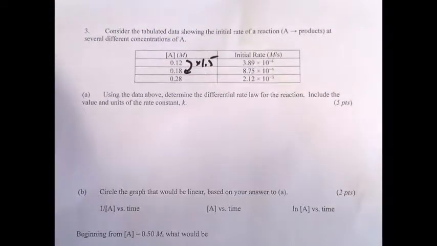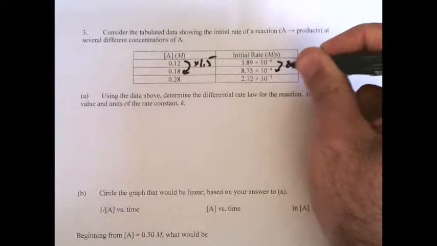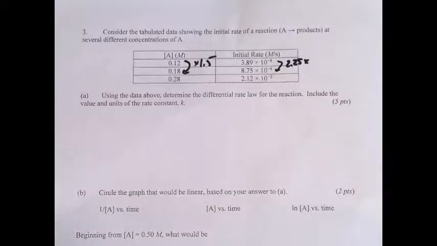And if I do the same thing with the rates that are provided, all of which, or at least the first two of which, are 10 to the minus 4 molar per second, what I find is that we've had an increase of 2.25. That's how much bigger we've now gotten in terms of the rate.